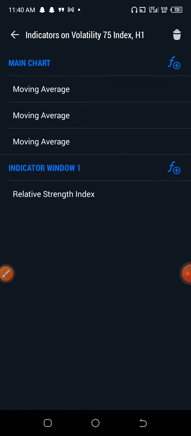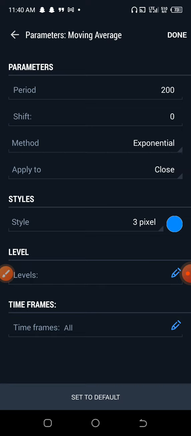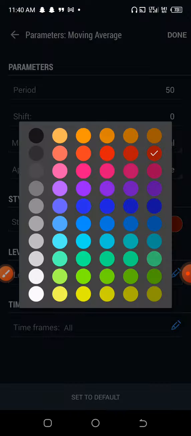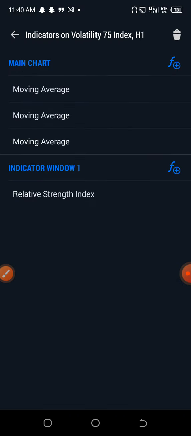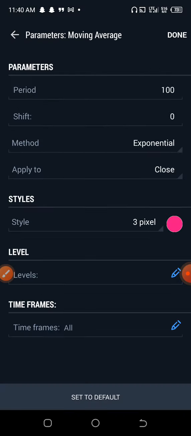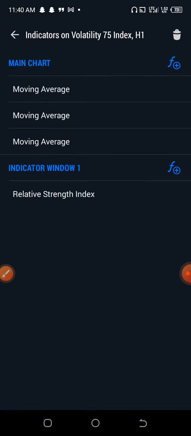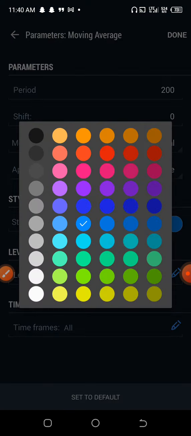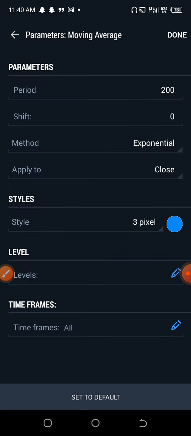Then the third one is moving average 200. This red is 50. This pink, or whatever purple, is the 100. While this blue is 200.